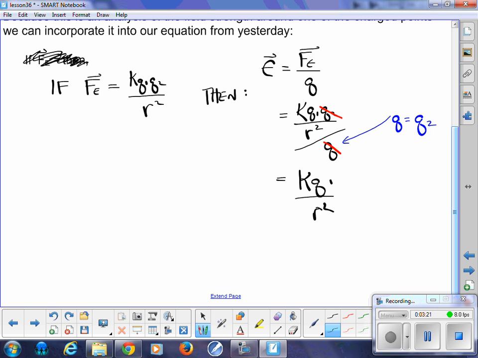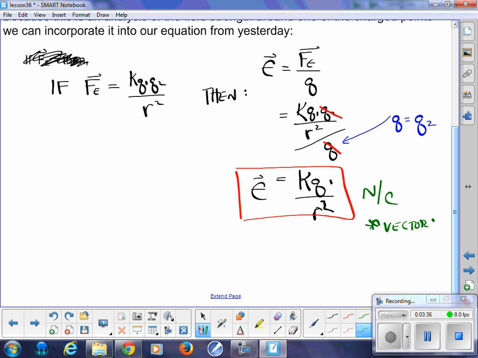There is the formula you want to get onto your study sheet. Again, it's measured in newtons per coulomb, and it is a vector, so you will need to give directions when you give answers.